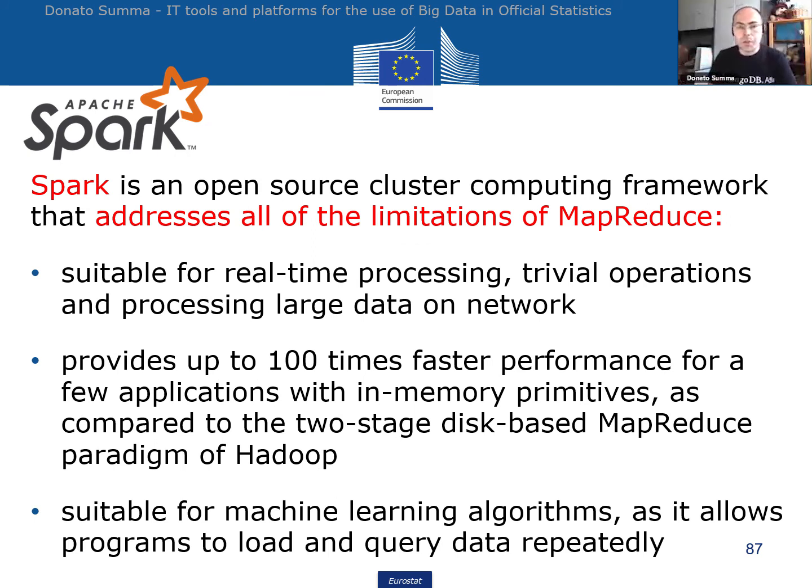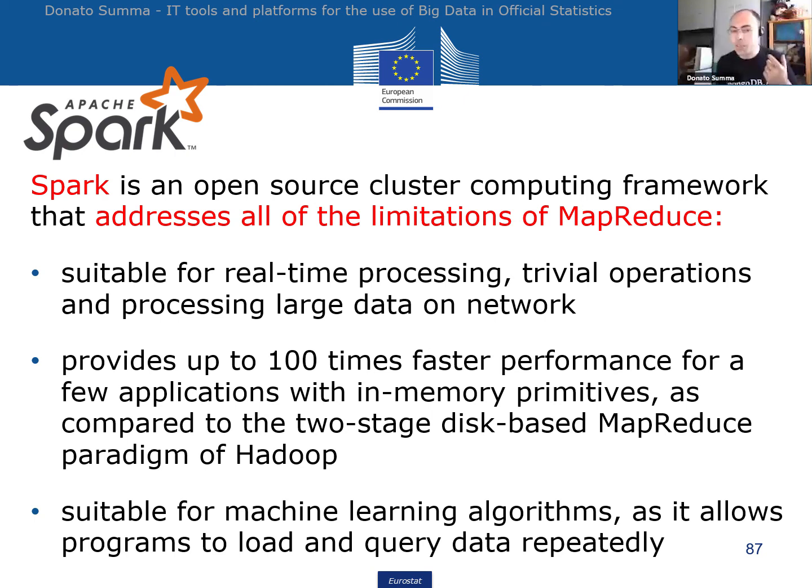So in order to address all these limitations, Apache Spark was developed. Spark, technically speaking, is an open source cluster computing framework that addresses all the limitations of MapReduce that I explained so far. In particular, Spark is suitable for real-time processing, trivial operations, and processing large data on network.